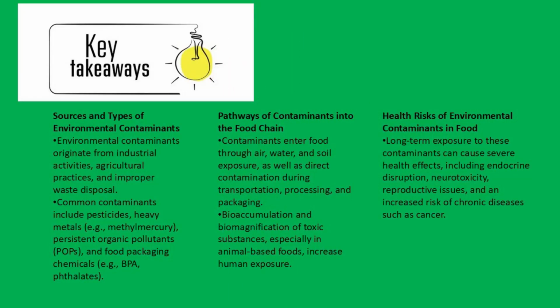Well, we already talked about what environmental contaminants are. We already saw the pathways, the sources, and why this is important. So we would like to conclude today's lecture. The first is the sources and types of environmental contaminants.